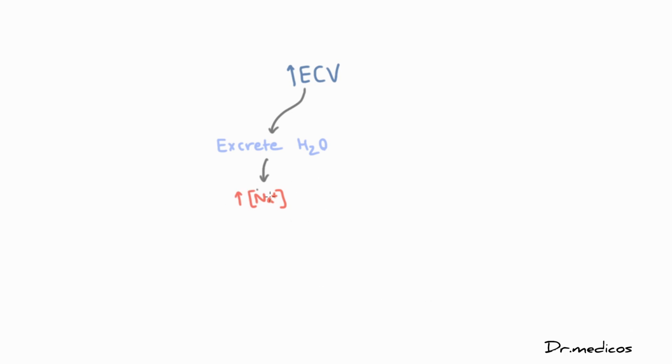And so now we're going to activate the first arm that we already talked about, which is going to say, well, look, I've increased sodium concentration, so I better hang on to water and increase the amount of water in the body so that I can dilute that sodium and bring myself back to a normal sodium concentration. So in other words, you tried to excrete some water, but then this faster and more sensitive part of the kidney reacted to actually increase the amount of water back to where it was. So in other words, this mechanism does not work.